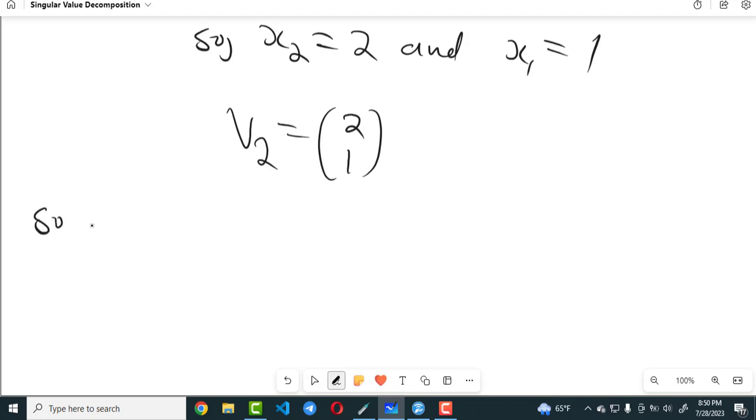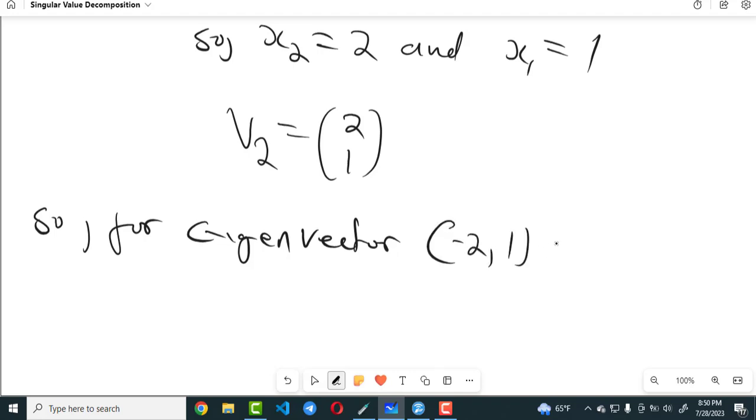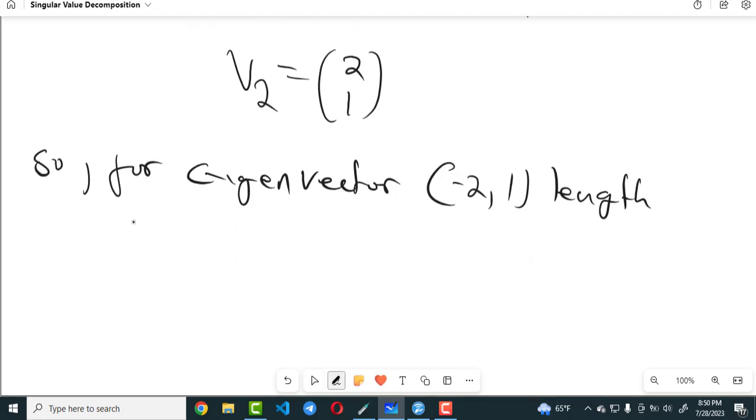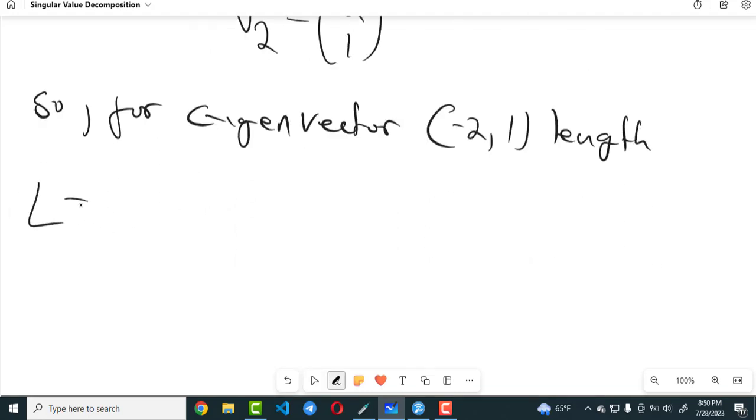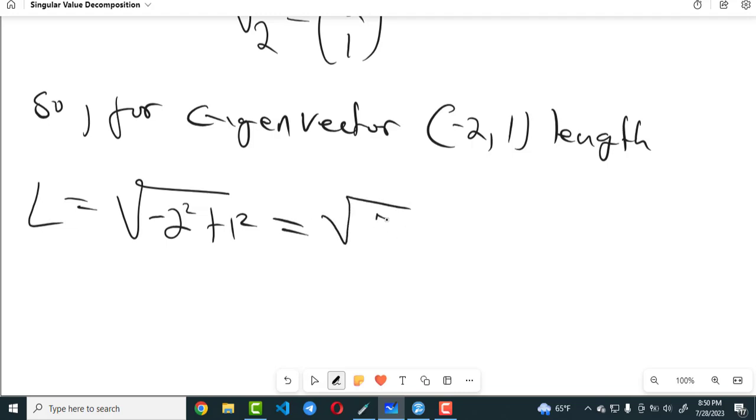So we simply say for the eigenvector minus 2 and 1, the length L is equal to the square root of minus 2 squared plus 1 squared, which is nothing but square root of 5, which gives us 2.236.